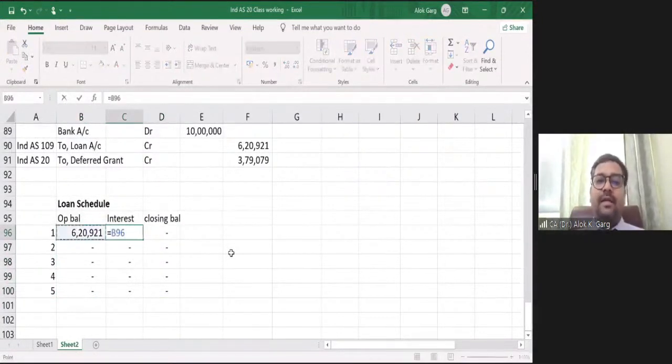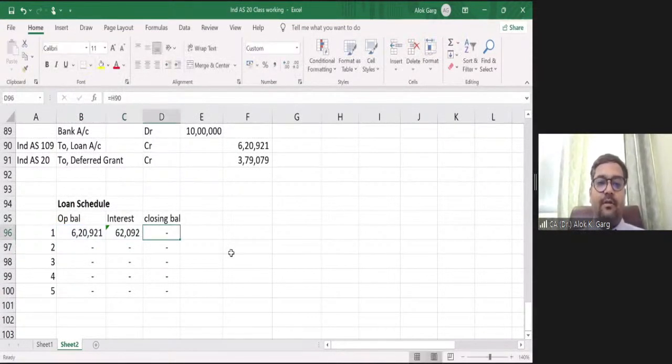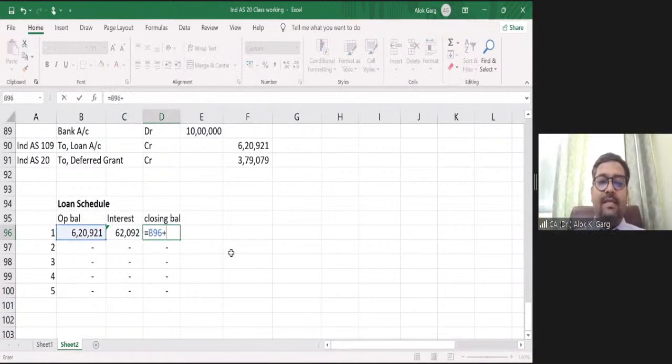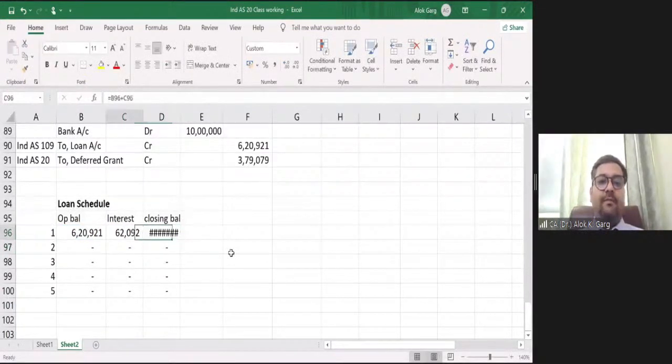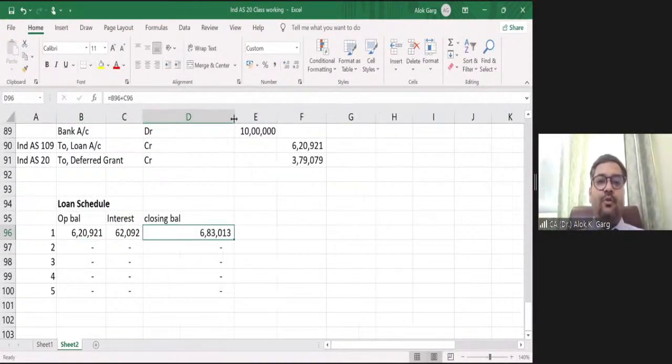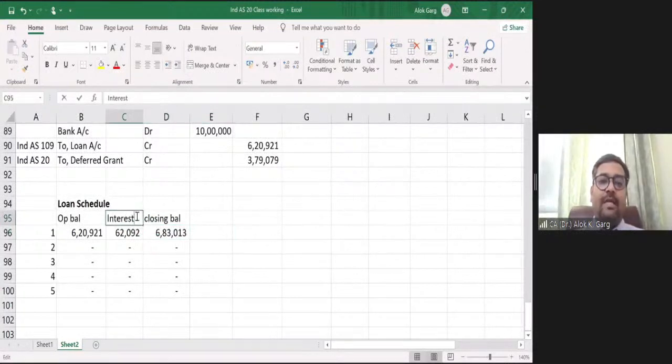What is the interest? The interest is 629.21 multiplied by 10% in the first year. Then what is the closing balance? The closing balance is 629.21 plus 62.92. So the interest has to be calculated at the market rate of interest, at the rate of 10%.